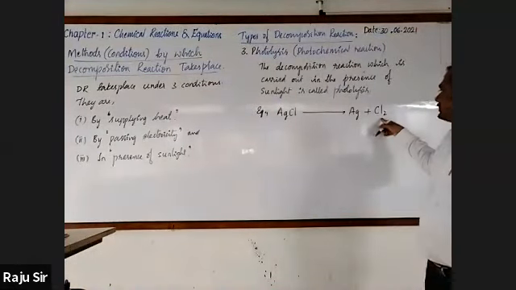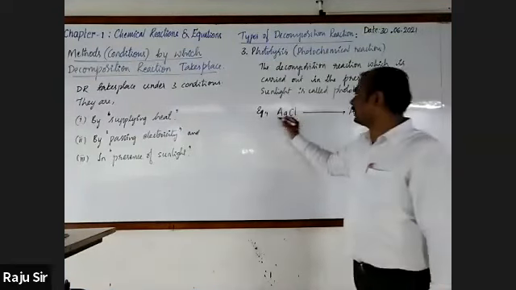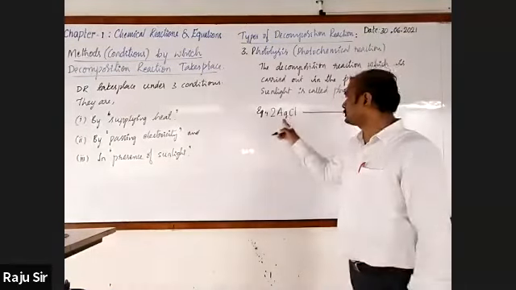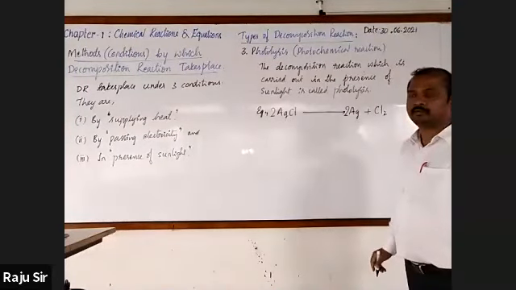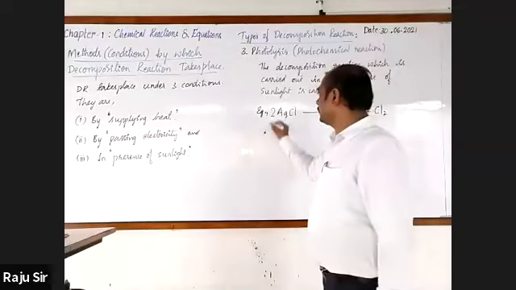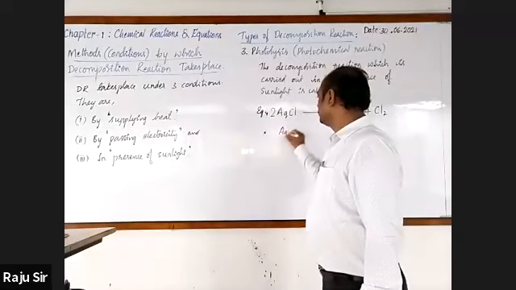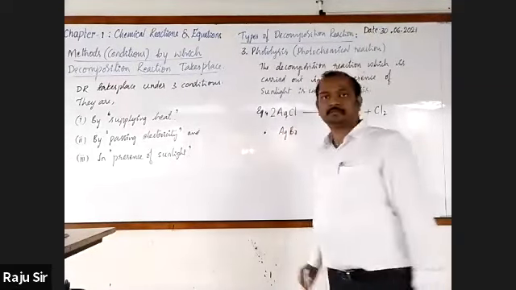Now let's go for balancing. 2 atoms of chlorine, here is 1, multiplied by 2. 2 atoms of silver, multiply this by 2. That's it. Now let me take another example. It is AgBr, silver bromide.